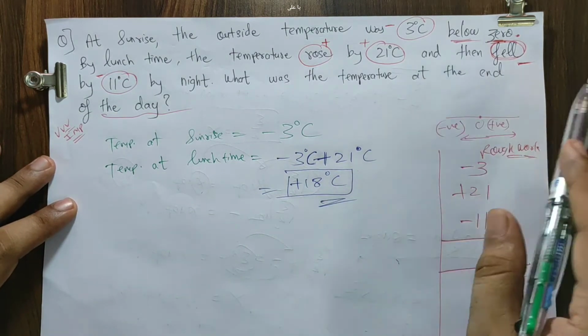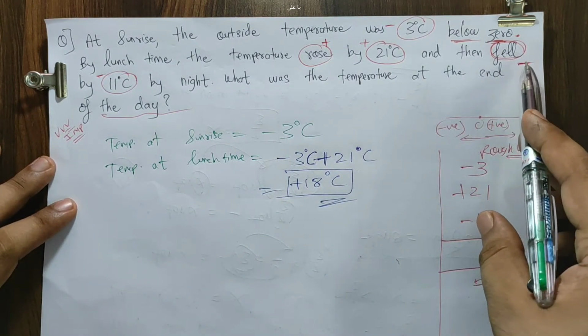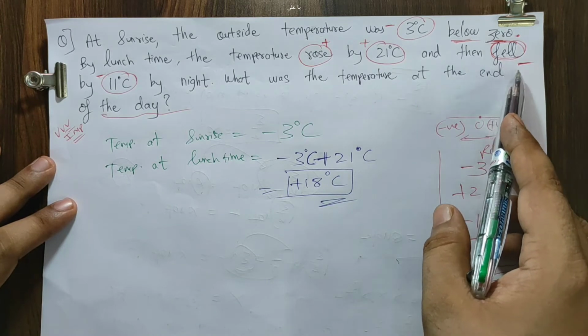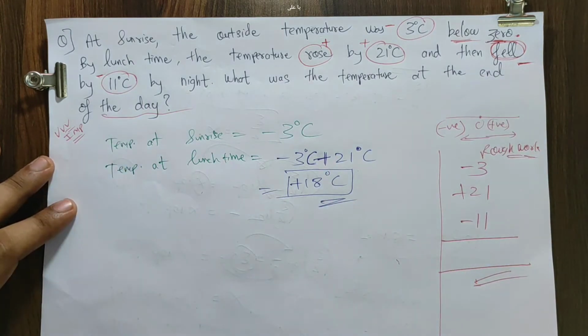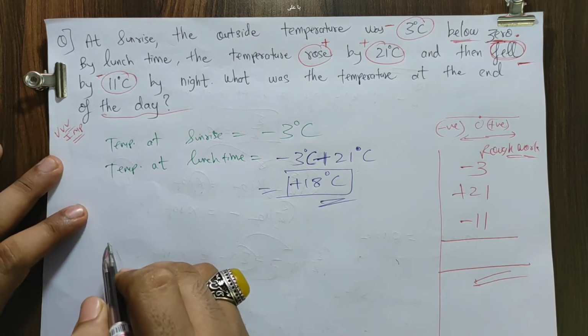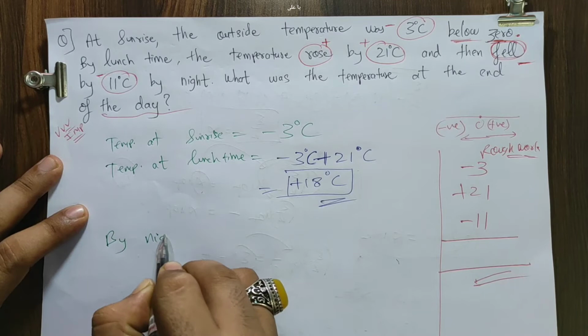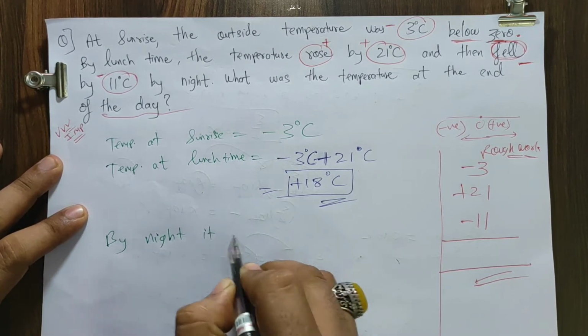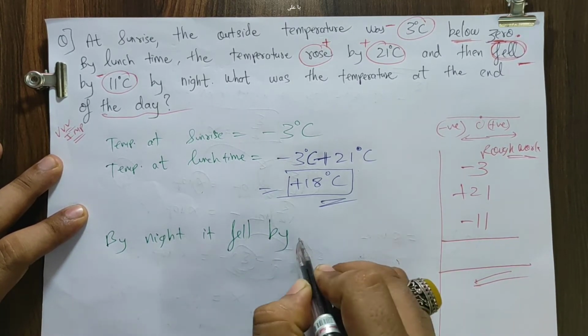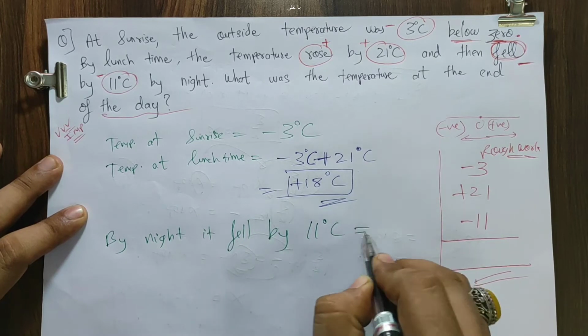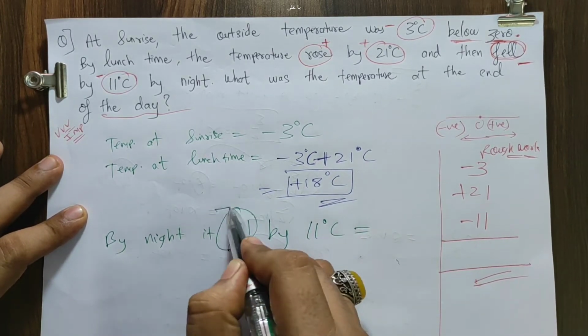Okay, then what happened? Then it fell by 11 degrees Celsius. So it's written over here, by night it fell by 11 degrees Celsius. Fell means what? I told you, minus, right?